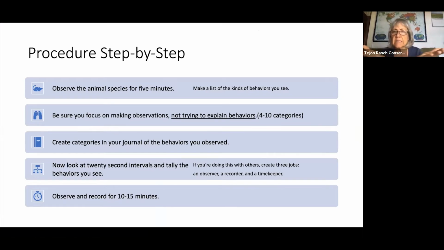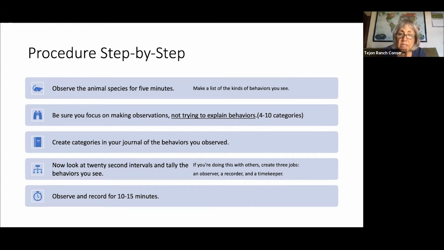You want somewhere around 4 to 10 different categories of behaviors. Take your time in really observing and seeing those different things. And remember, what you're looking for are things that you can time. That makes it easier, and it puts it in a category of itself as you are determining what you're going to be studying. Then you create those categories in your journal.